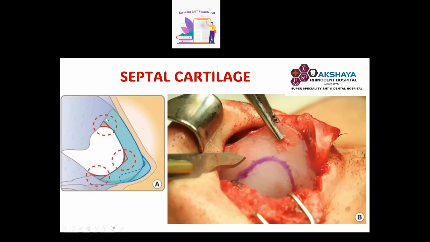When you don't preserve the L strut, or you damage the keystone area, or you cut the cartilage by crisscrossing, this cartilage will become weak. And I've seen the anterior nasal spine is attached to the caudal septum.